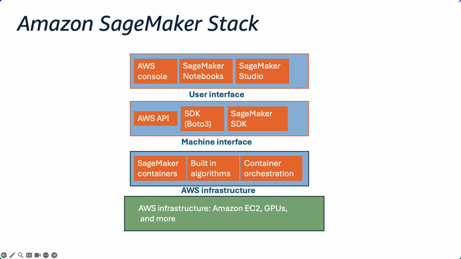And these have the built-in algorithms. These built-in algorithms are real algorithms created by scientists, and AWS takes these existing algorithms and creates versions of those in SageMaker. And then SageMaker takes the algorithms and containers in SageMaker and manages all of the orchestration.